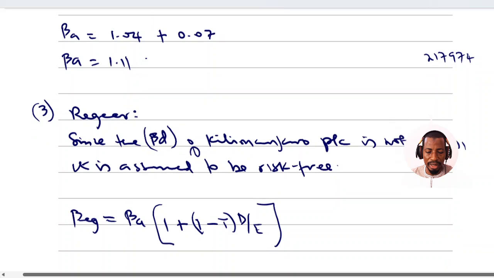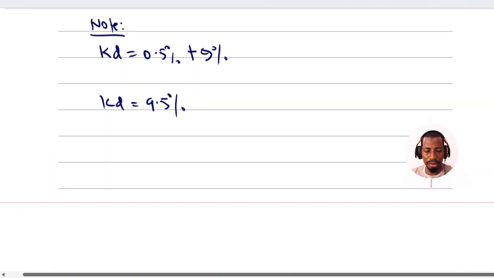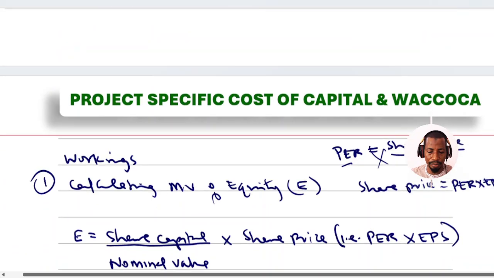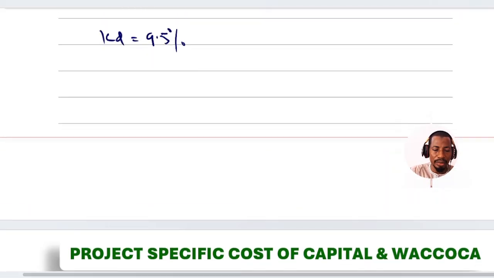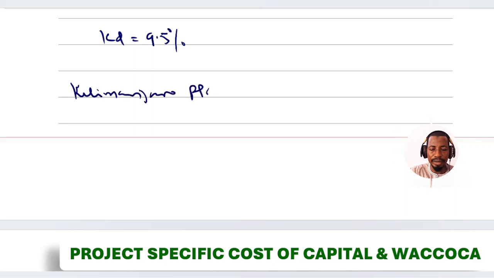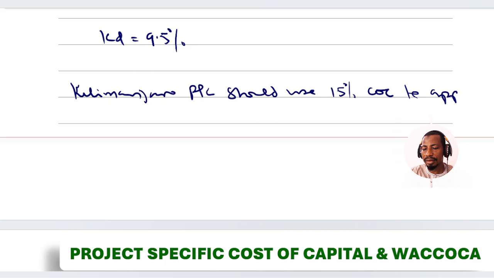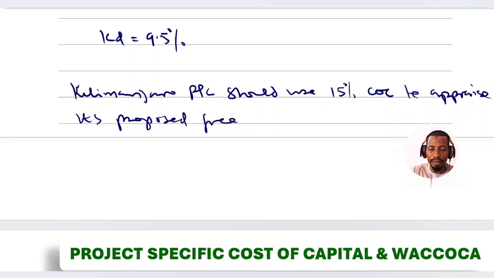So in this case, I would then say Kilimanjaro PLC should use 15% cost of capital to appraise its proposed freezer production. Okay, that's it.